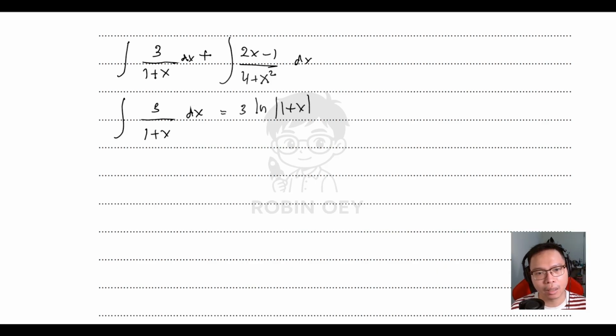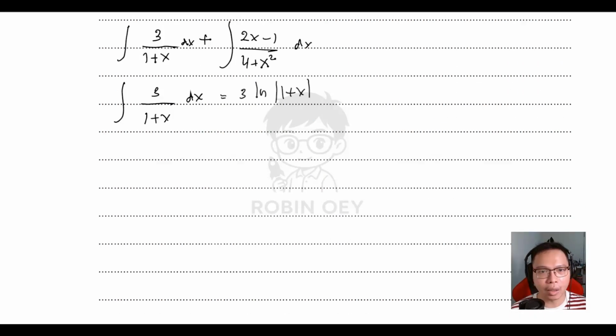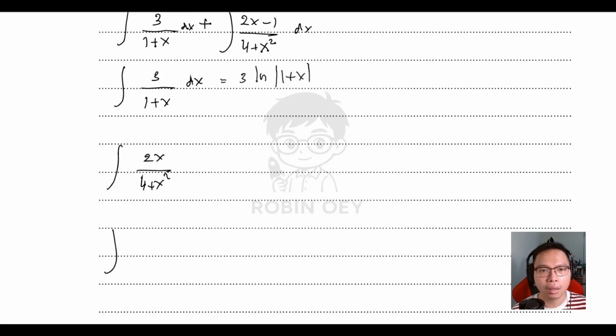For the second one, I will split this into the integration of 2x over 4 plus x squared and the integration of negative 1 over 4 plus x squared. For the first part, I'm using u substitution. Let u be 4 plus x squared, so du dx would be 2x.